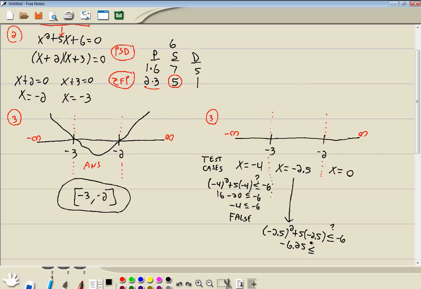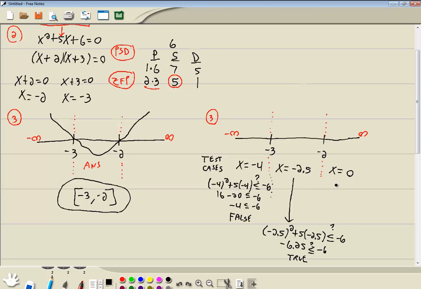And the question is whether that's less than or equal to negative 6. And even though it looks like it's larger, remember as the numbers go to the left, they become what appear to be larger, but they're actually smaller. So this is less than. So this is true.